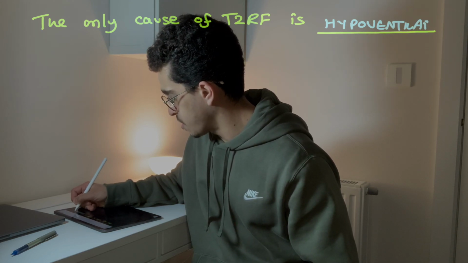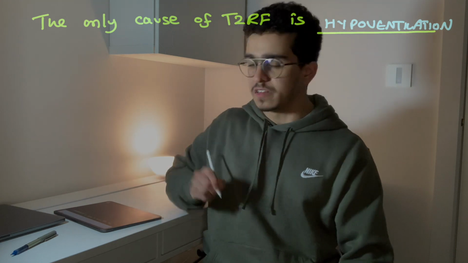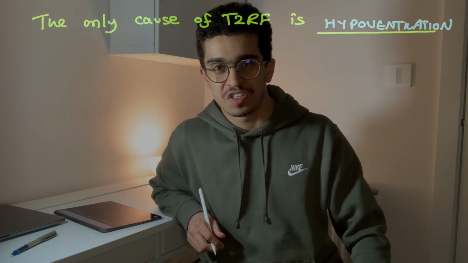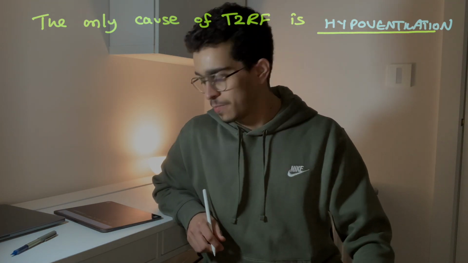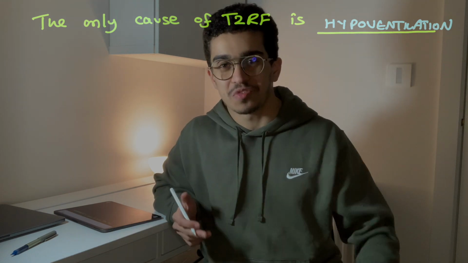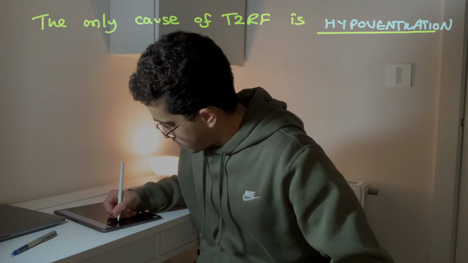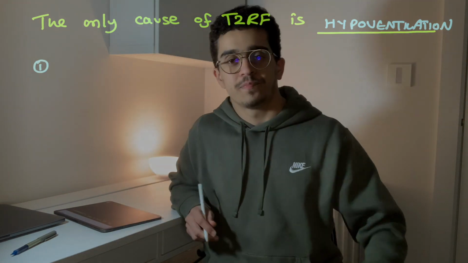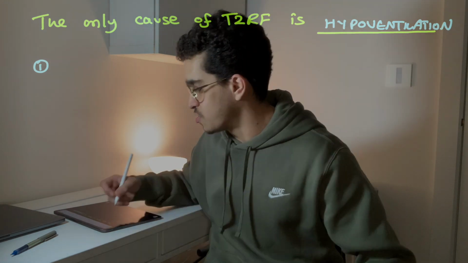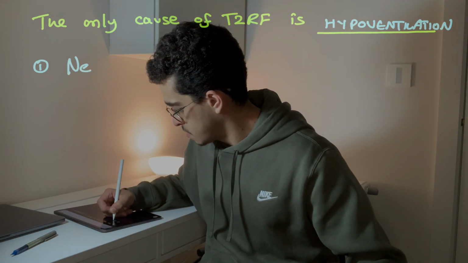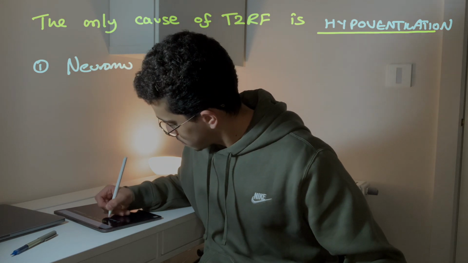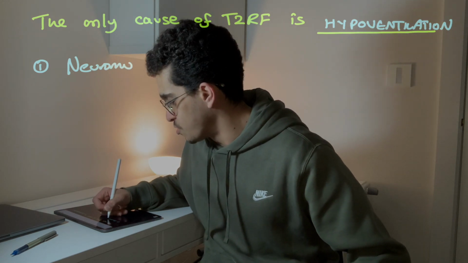Okay, cool. And there are a number of causes of hypoventilation. So what are the causes of hypoventilation? The first cause is neuromuscular disorders. Okay, what kind of neuromuscular disorders?